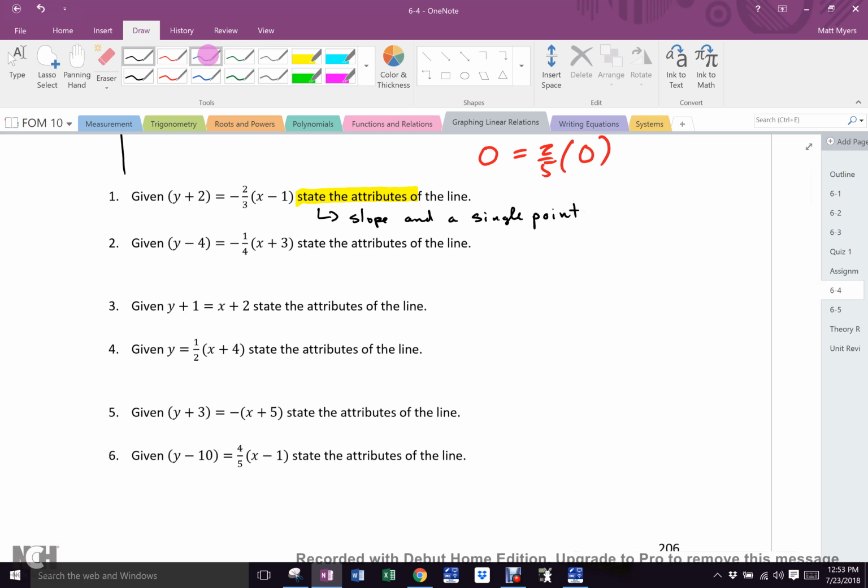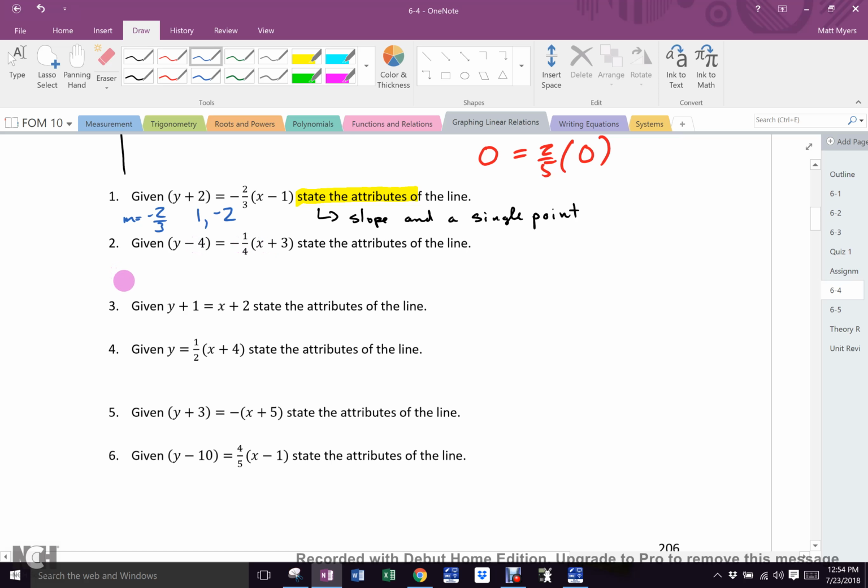So, what are the attributes of line 1? What is my slope? -2/3. What is the point on the graph? 1 and -2. Everybody know how to do it? That's all there is to it. And now you can use any point on the graph. It doesn't need to be a special one.